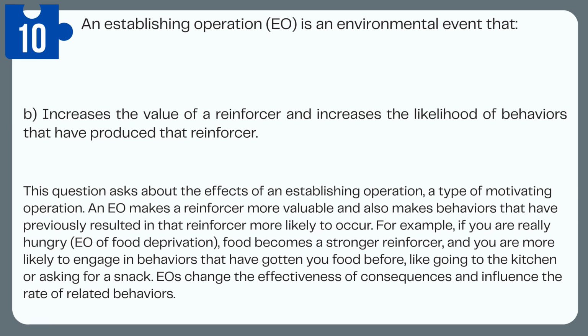For example, if you are really hungry, EO of food deprivation, food becomes a stronger reinforcer, and you are more likely to engage in behaviors that have gotten you food before, like going to the kitchen or asking for a snack. EOs change the effectiveness of consequences and influence the rate of related behaviors.